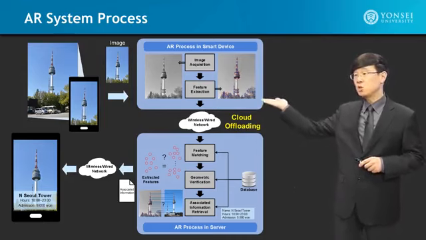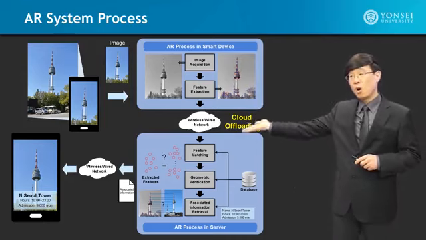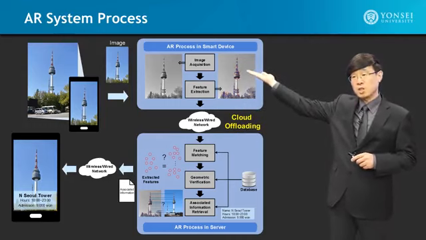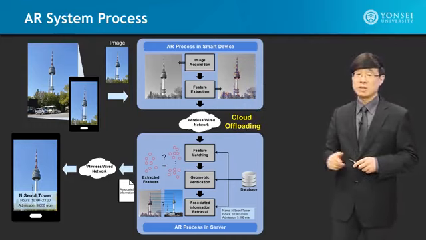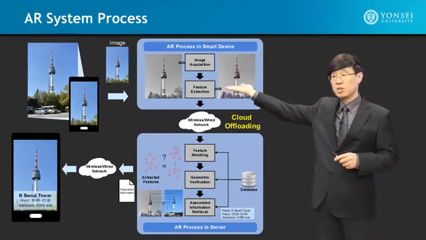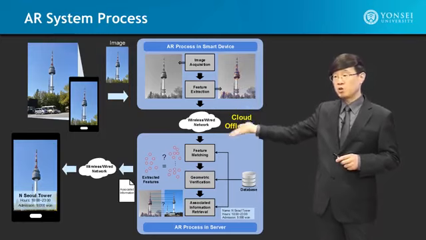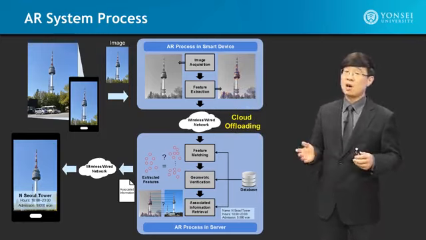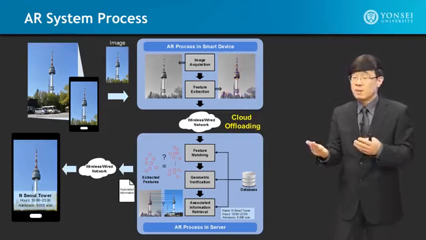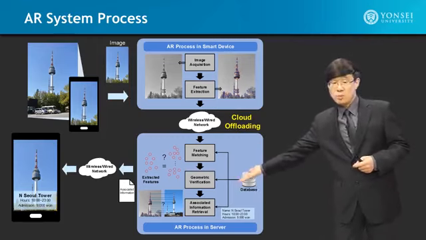In some cases, you can even do the feature extraction over on the cloud. So your smartphone will only do the image acquisition, then everything can be done off the cloud. In this example, I'm showing where the feature extraction is done on the smartphone, but this can also be done over here as well. This is what cloud offloading is doing. In other words, the database burden of having a big database and doing all these three procedures.